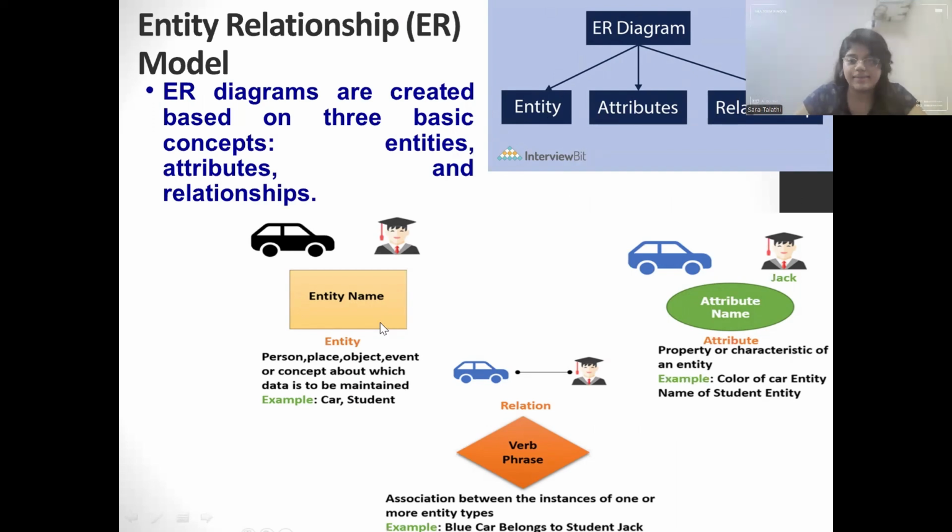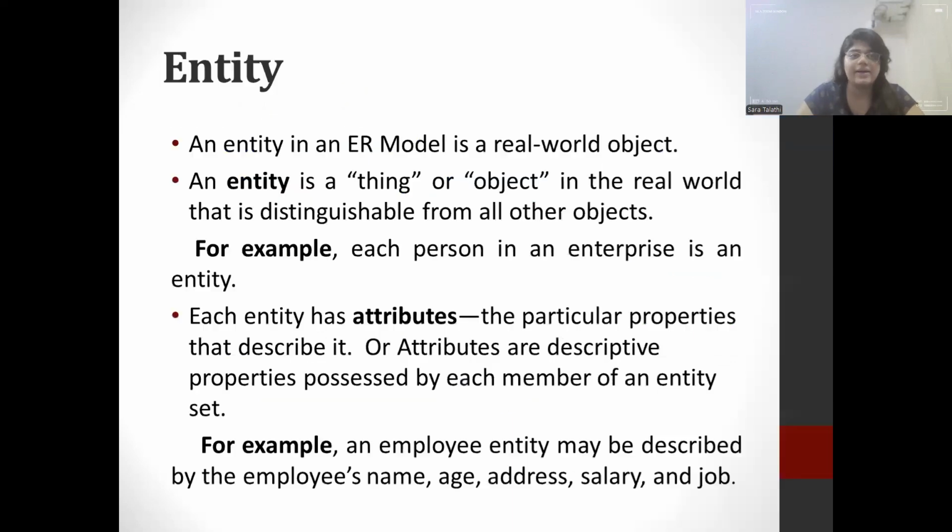The attributes are the properties or characteristics of an entity, like the color of the car or the name of the student. And a relationship could be that the blue car belongs to the student Jack.